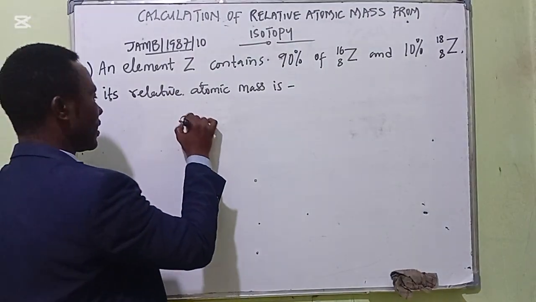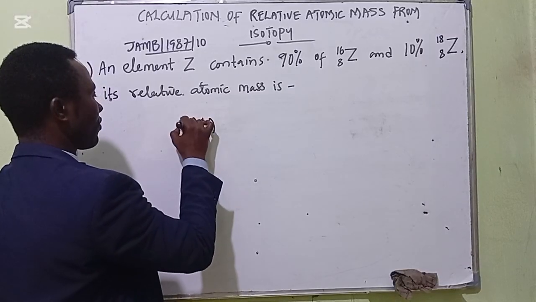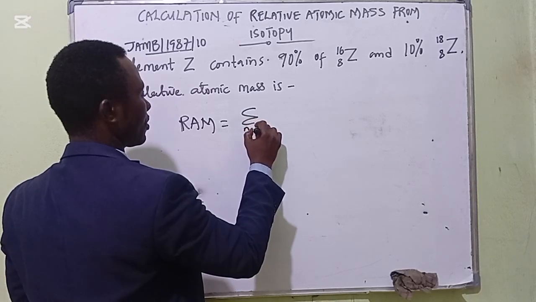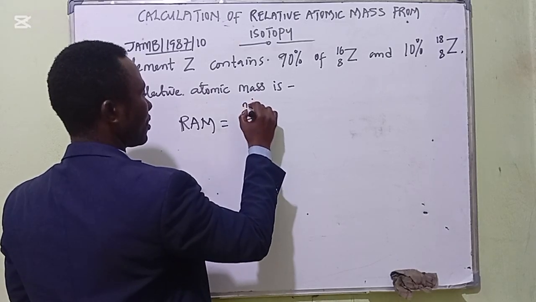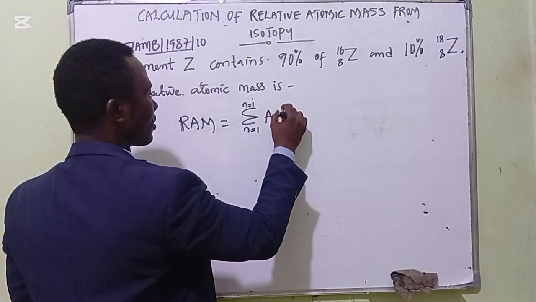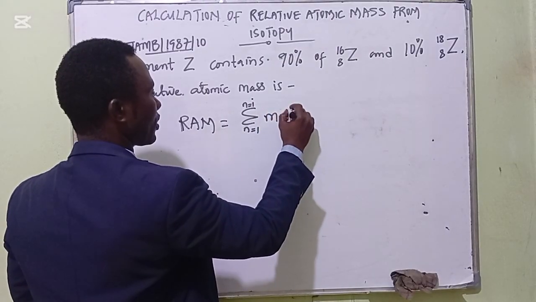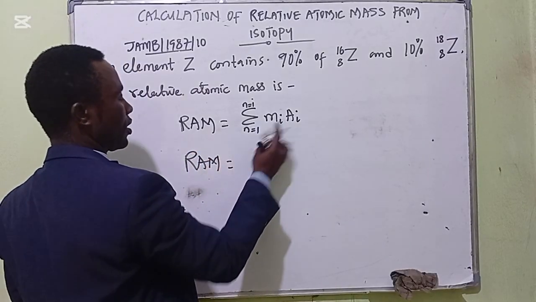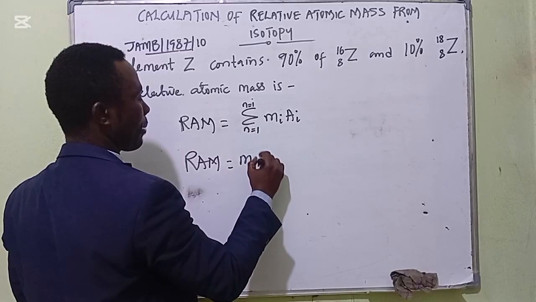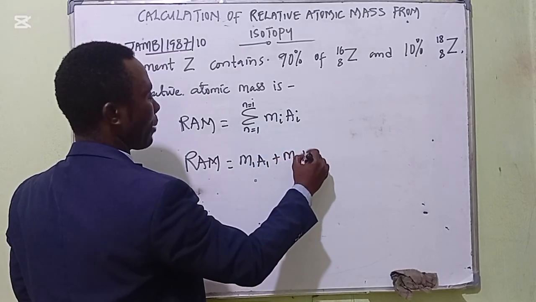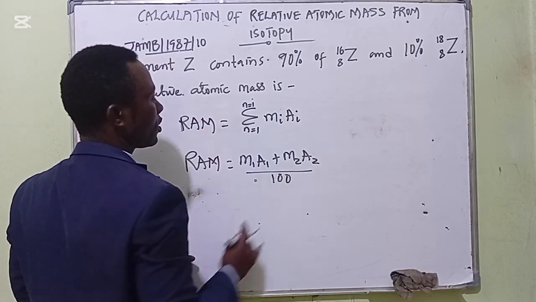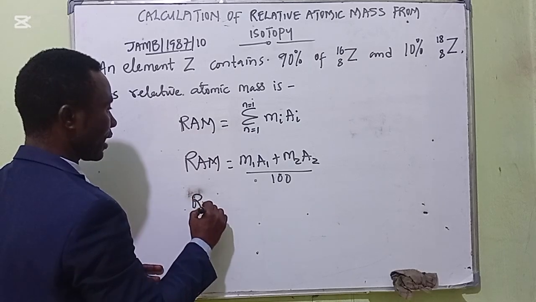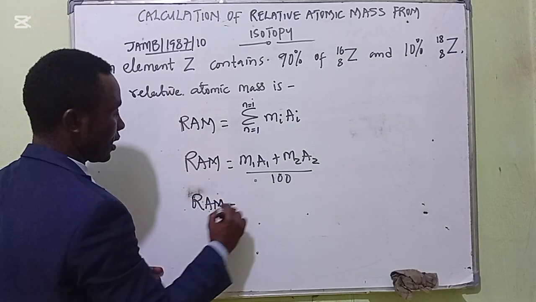We know that the relative atomic mass of an element is the summation from n equals 1 to n equals i of mass i times abundance i. Now that means RAM becomes mass 1 times abundance 1 plus mass 2 times abundance 2, over 100, because we have only 2 abundances.